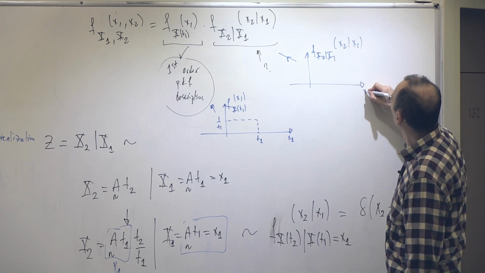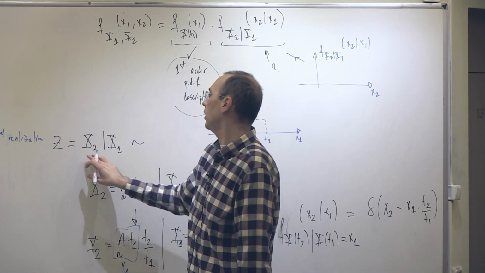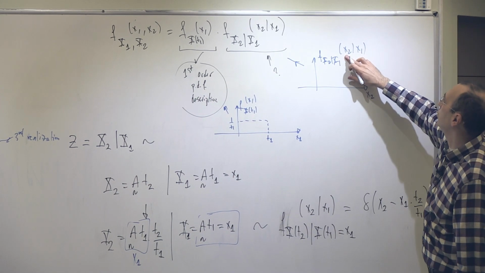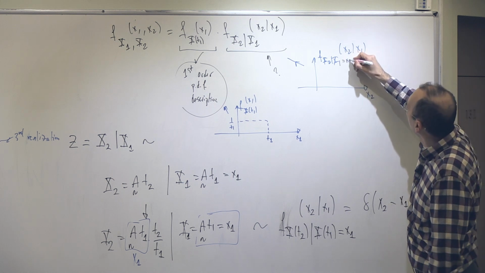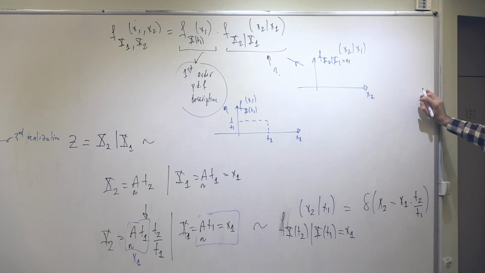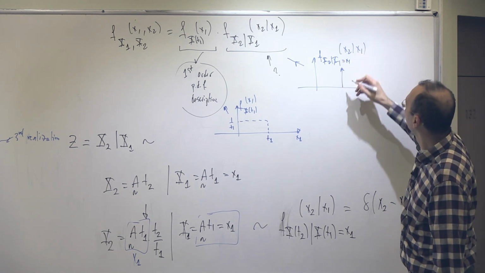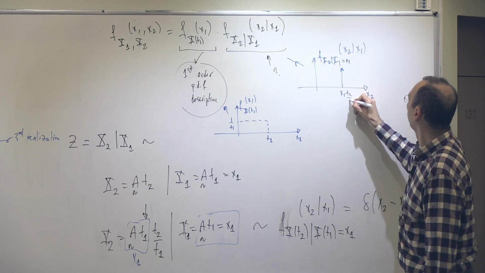Variable is x2. Actually, this is x2 random variable updated after this observation. Okay. So my variable is x2. What is x1? x1 is actually a numerical value. Okay. x1 is my observation. It's a numerical value. So whatever that numerical value is, I have this impulse.